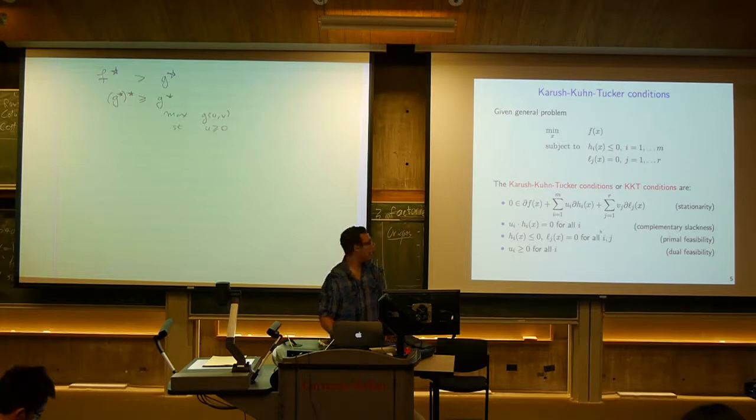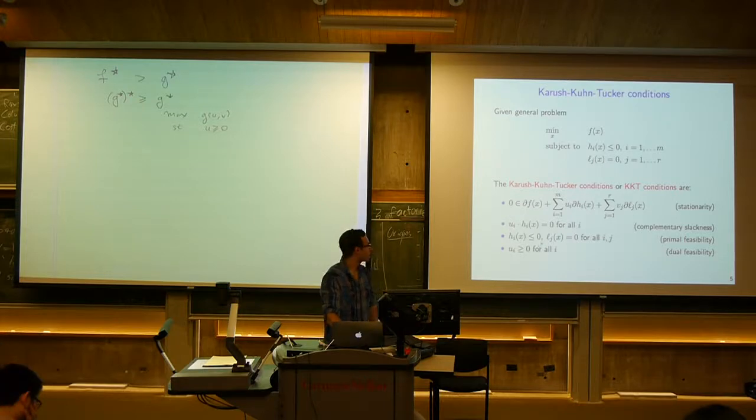The second condition is called complementary slackness, which says that for this triplet, I must either have the ith inequality constraint being tight at x, so h_i(x) must actually be equal to 0, or the ith dual variable u_i being 0. Their product must be 0, which means that if this inequality constraint wasn't tight, if I had h_i(x) strictly less than 0, I must have the corresponding dual variable being equal to 0.